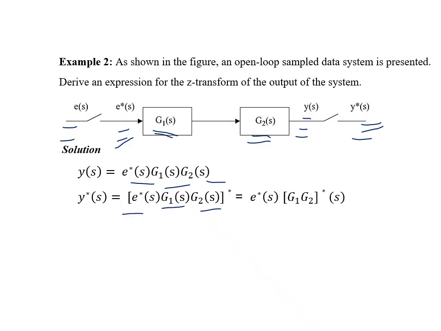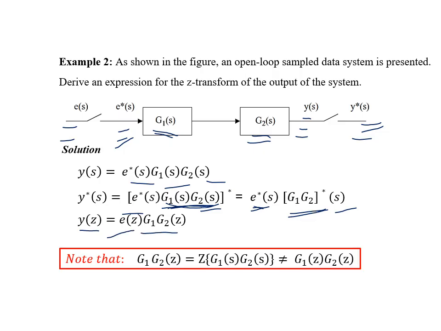We get E star of S, and then we multiply G1 by G2 and get the star value of it. G1 G2 is all star of S. Then we have Y of Z equals E of Z times G1 G2 of Z.